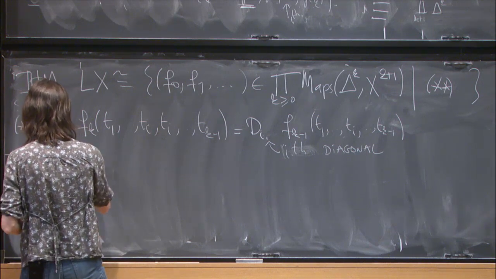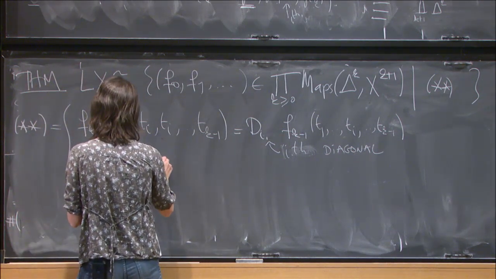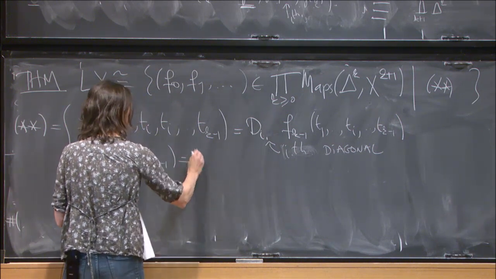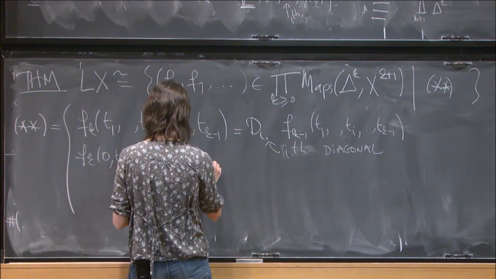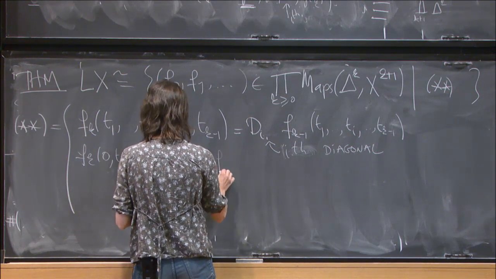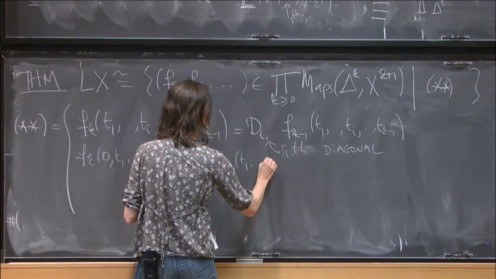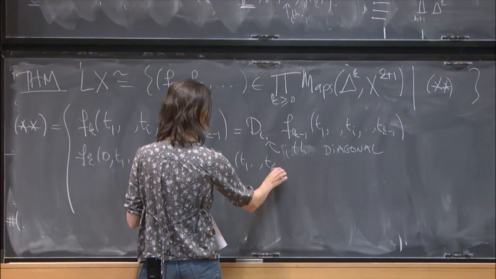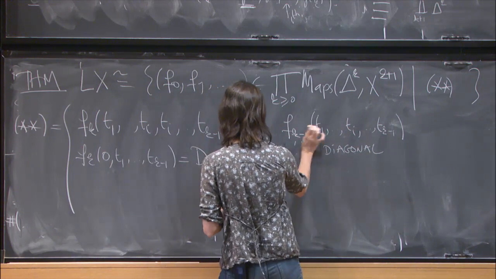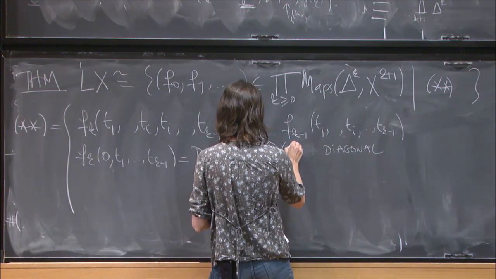If I had a 0, fk of 0, t1, ..., tk minus 1, then this would be the first diagonal, d1 or d0, however you want to call it, of fk minus 1 of t1, ..., tk. It was the I plus first. You see, I should have looked at my notes. I believed my notes, so this was correct.